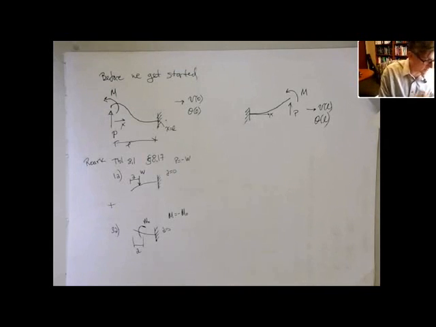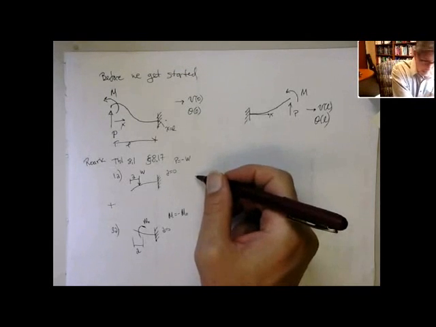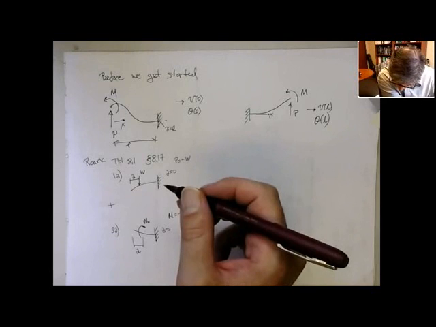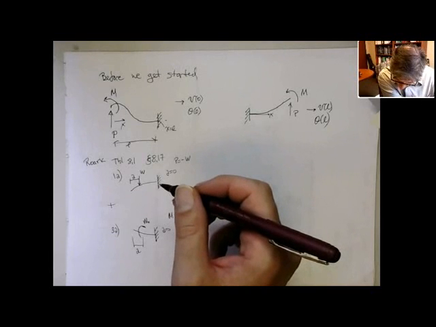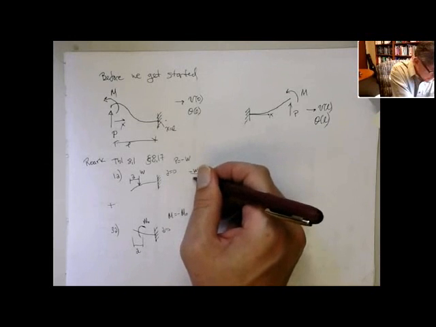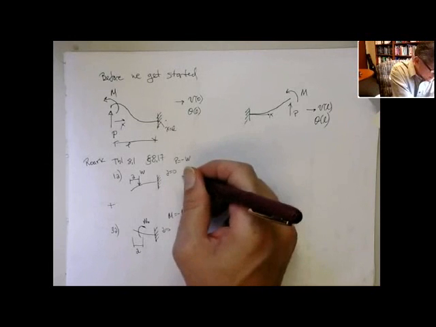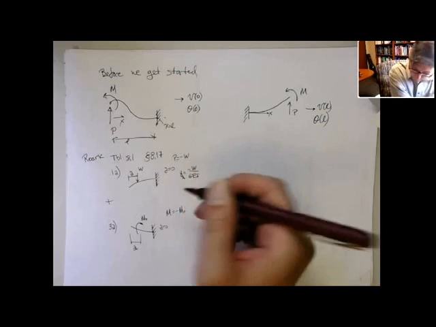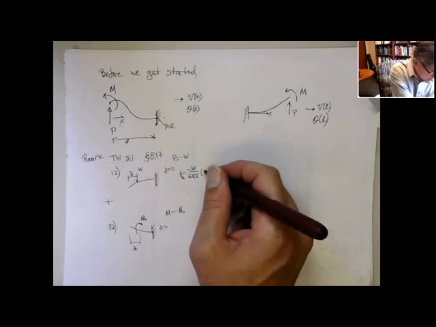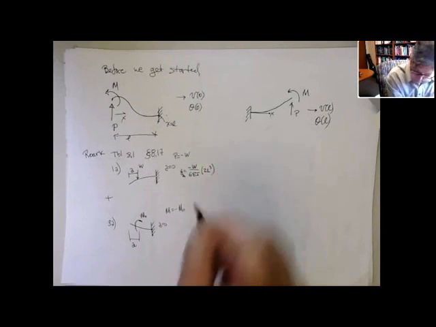And what I want, again, is the deflection and the rotation. So if we look at this one, it gives me the deflection at A, which is the left point, as minus W over 6EI times, setting the little a equal to 0, I just get 2L cubed.